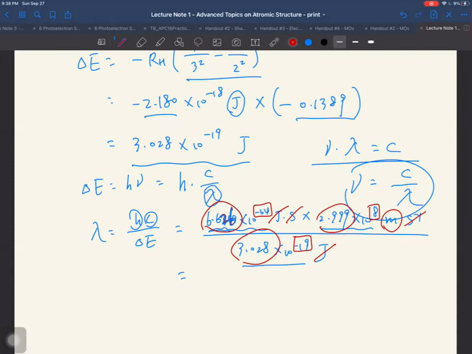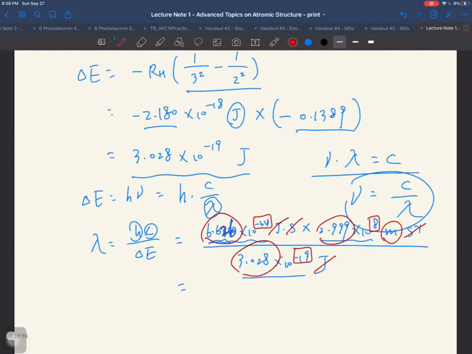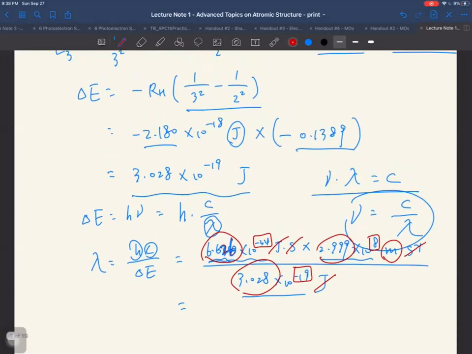So I got, it seems like the answer is incorrect. It's good, it is good. I got 6.56 times 10 to the power of negative 34 plus 8 minus negative 19.